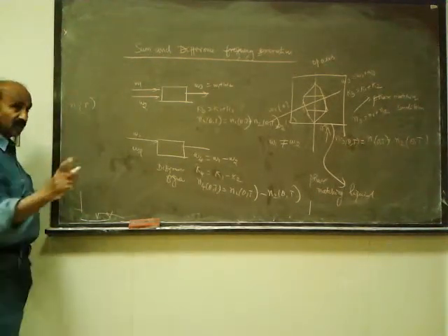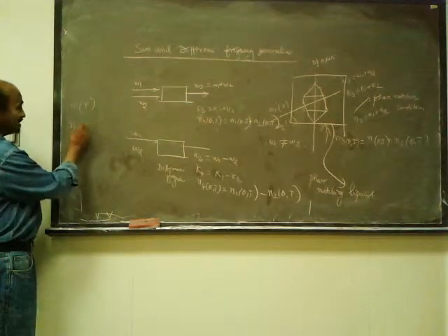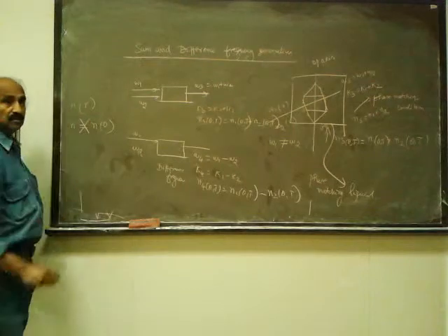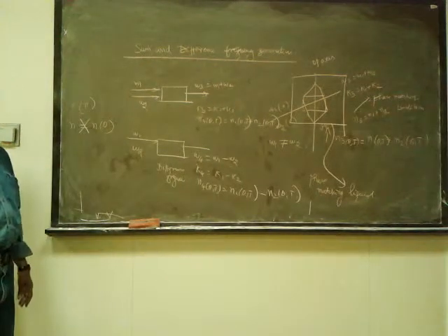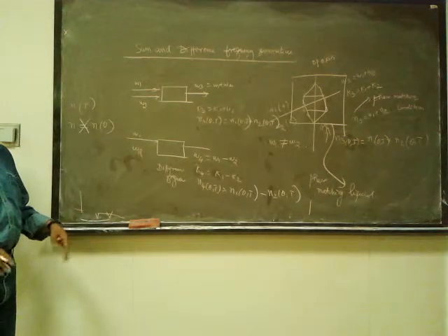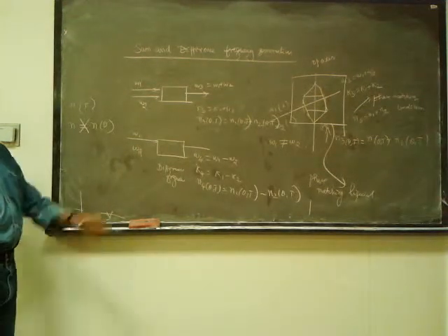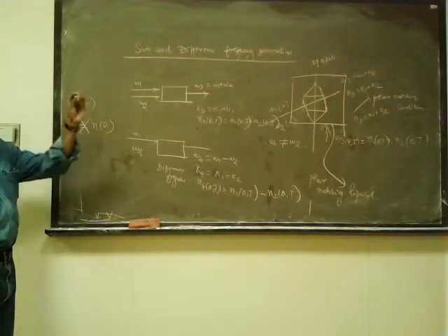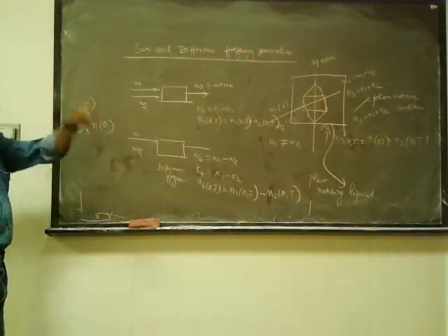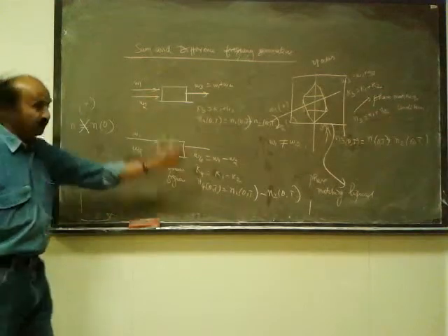But for glass, water, N does not depend on theta. For any angle it's the same, constant. But a nonlinear crystal like KDP, ADP, it is dependent on theta. And we are working on this one.